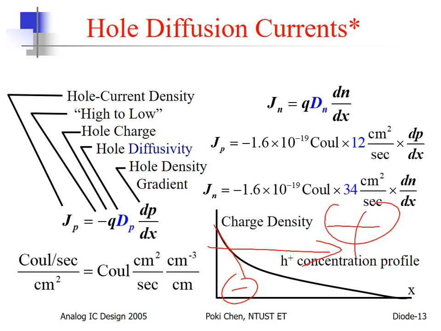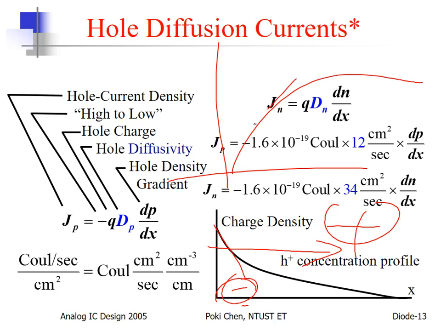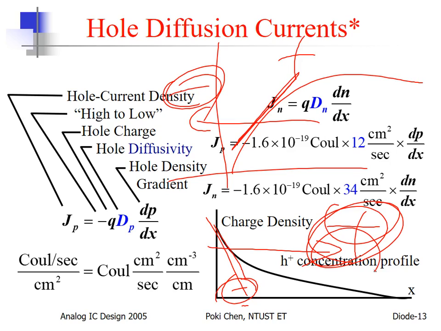Another example: the slope is positive, but the hole will diffuse to the reverse direction. If the slope is positive, the move direction is negative; if the slope is negative, the move direction is positive. So there is one minus sign between those two, so we got positive here. Got it?